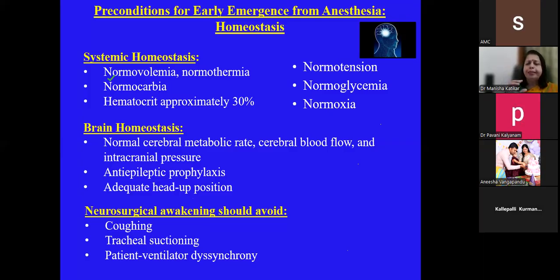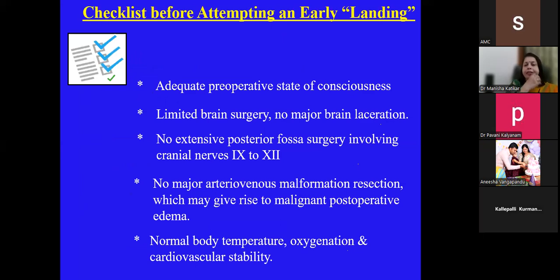Whatever space the tumor was occupying in the brain, the same space will be occupied by a blood clot. So this patient, if he becomes drowsy, will need a surgery for removal of the blood clot.